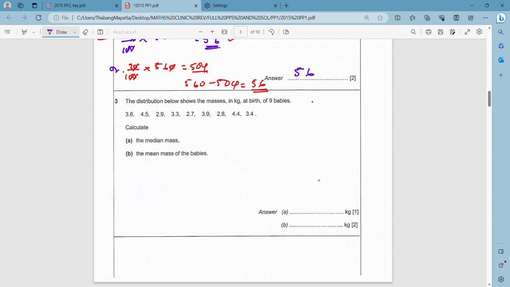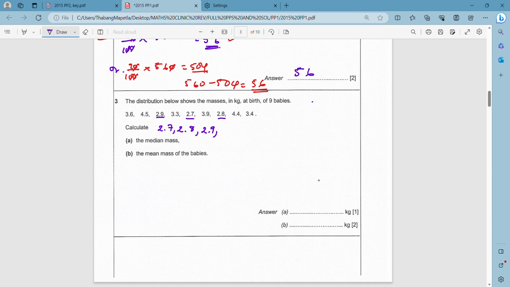The very smallest number here, I think, is 2.7, and then the next one is 2.7. I underline the numbers so I can see which ones I have dealt with, because if I do not, maybe I'm going to repeat some numbers. So it's best that you underline or mark. So 2.7, then 2.8, then 2.9.